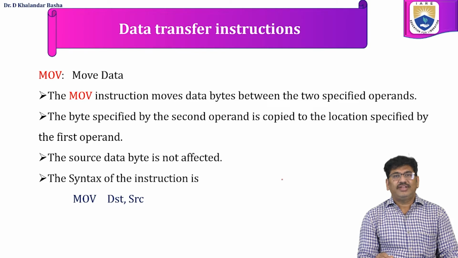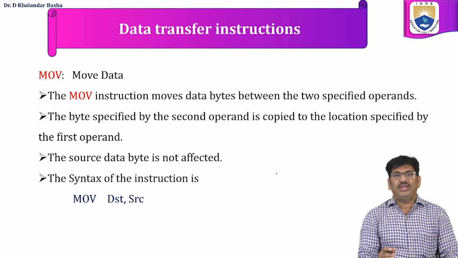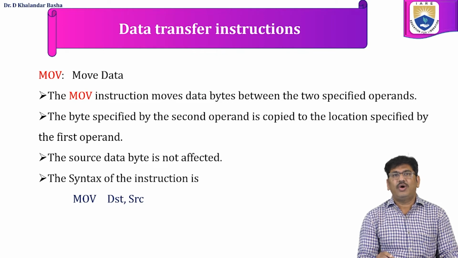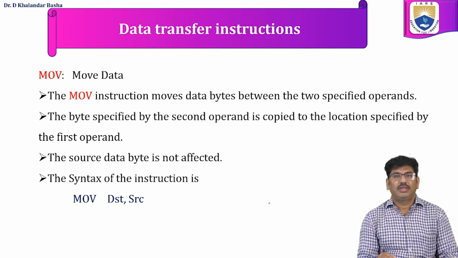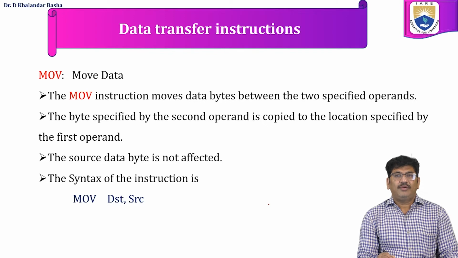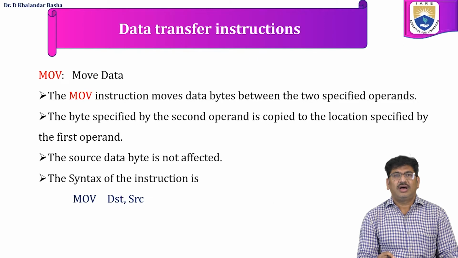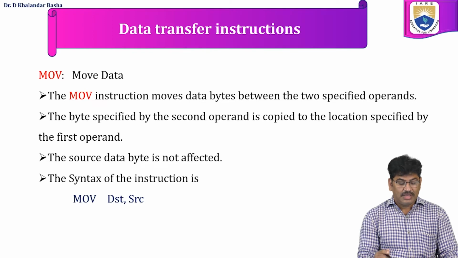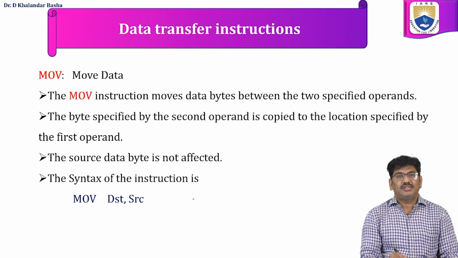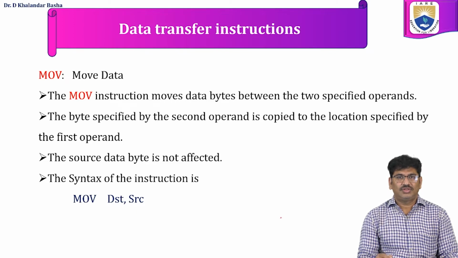So in the syntax of the instruction, after the MOV mnemonic, the first operand is always the destination, and the second operand is the source. The source data byte is not affected, and the destination register contents or memory contents will be overwritten with the source contents. The syntax of the instruction is MOV destination comma source.